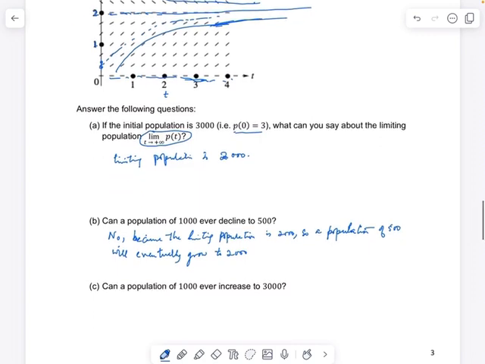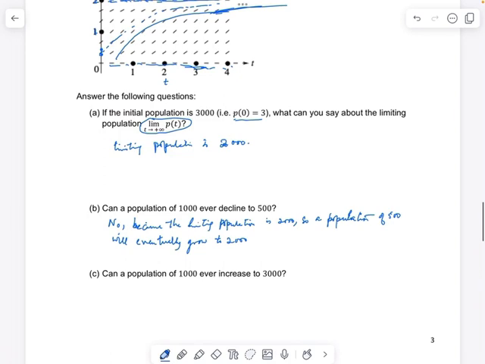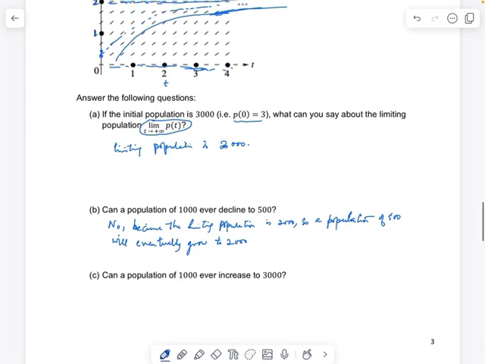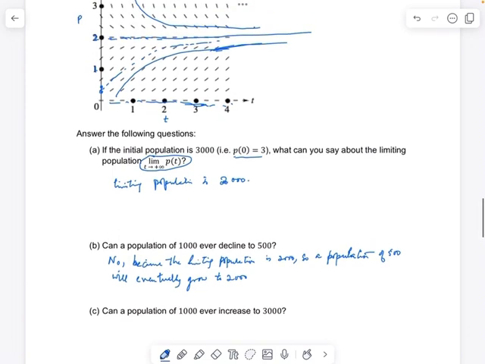Then the next example question is, can a population of 1000 ever increase to 2000, to 3000? So it's saying that if the population started at 1000, will it cross this barrier and go to 3000 and level off at 3000?